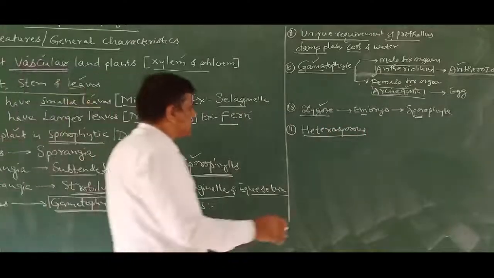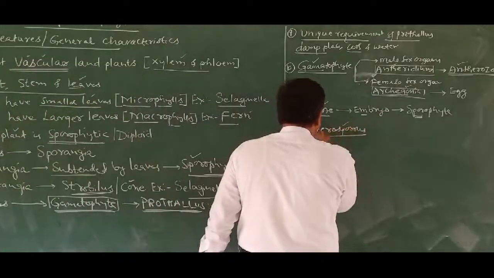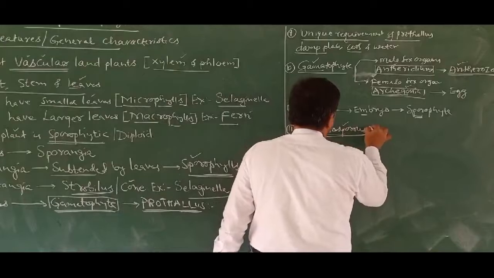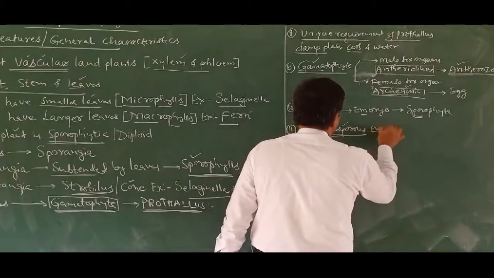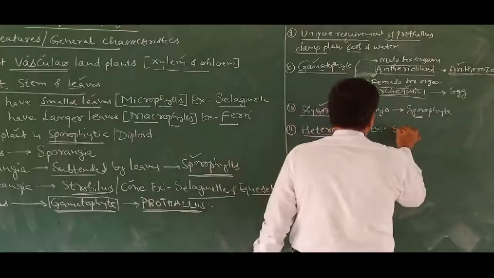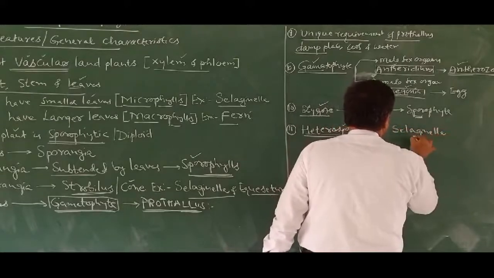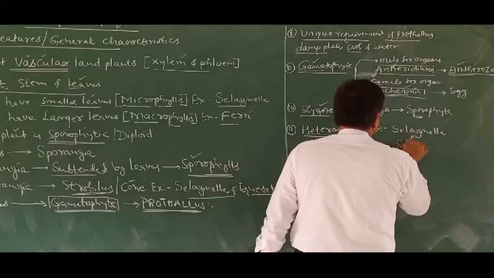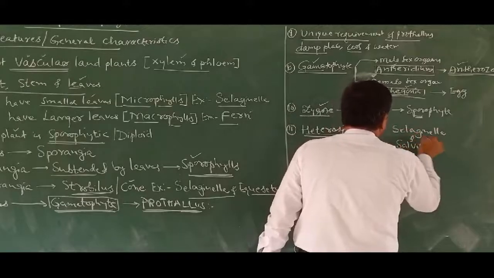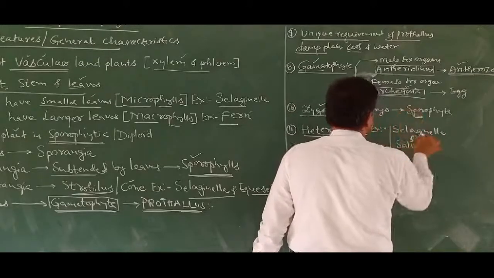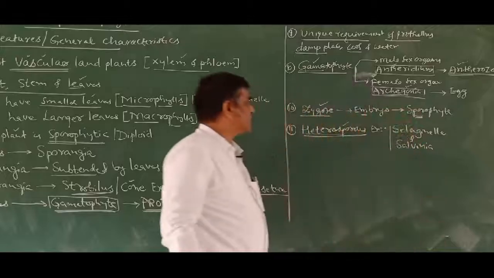What are these pteridophytes which have two different types of spores? Examples for heterosporous are Selaginella and Salvinia. These are the two examples which have different types of spores.